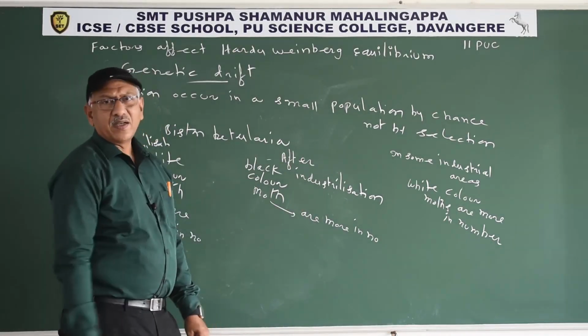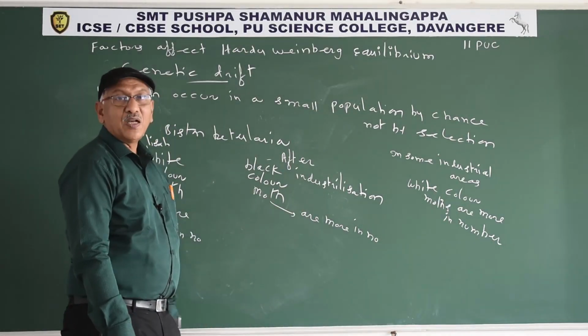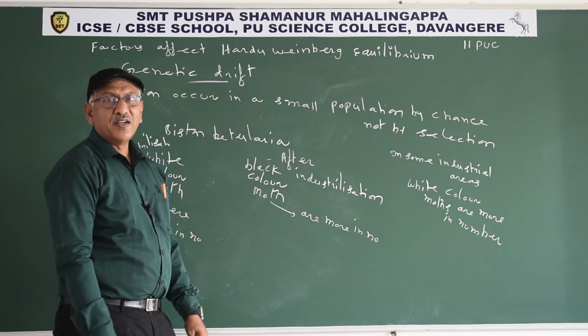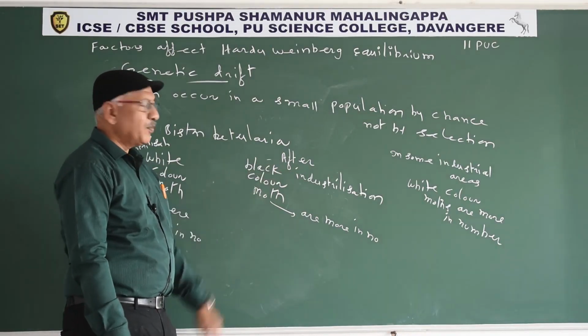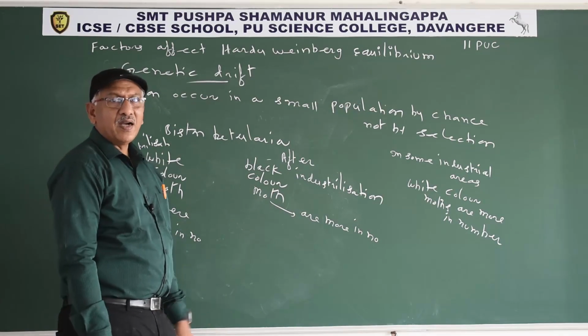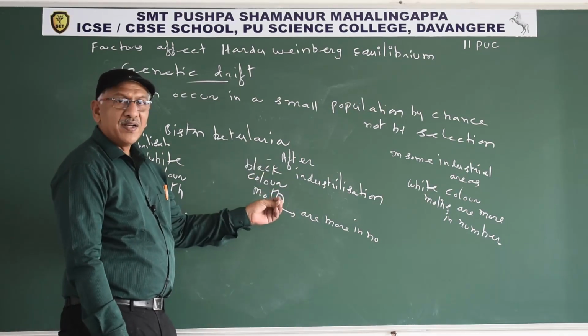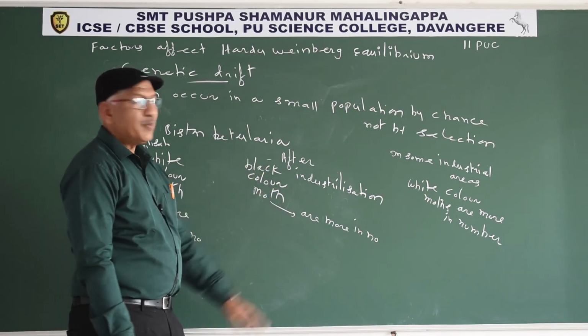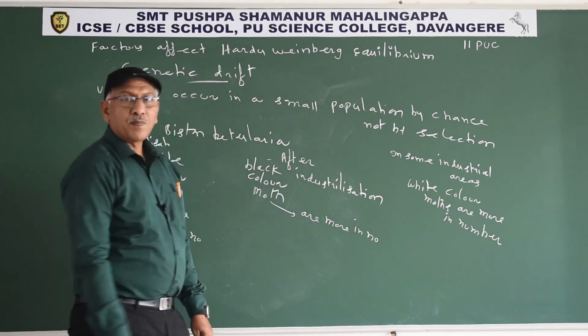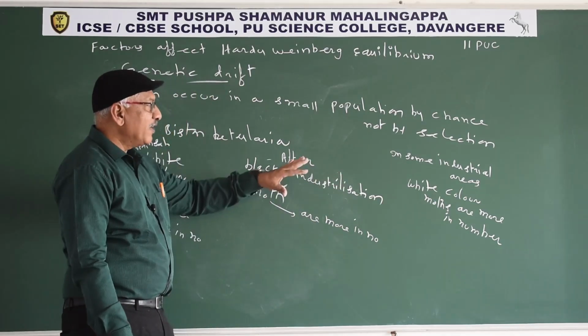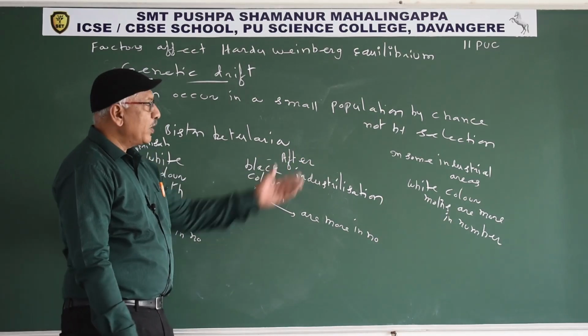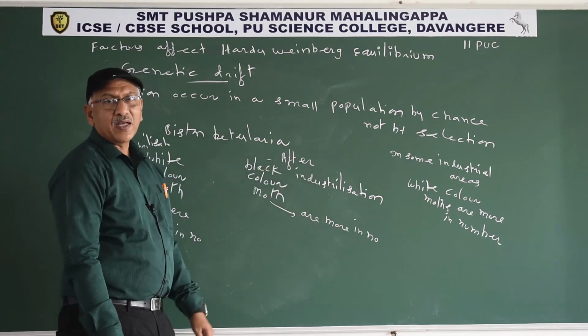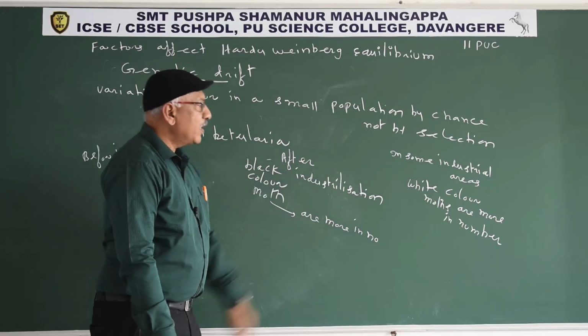In some industrial areas, the white color moths may sense their population decreasing. Instead of staying on the bark, they may hide under the leaves. So the birds eat away only the black color moths, as they identify them more efficiently.